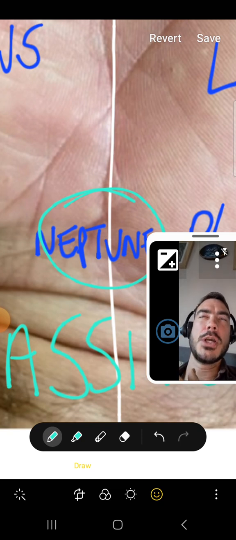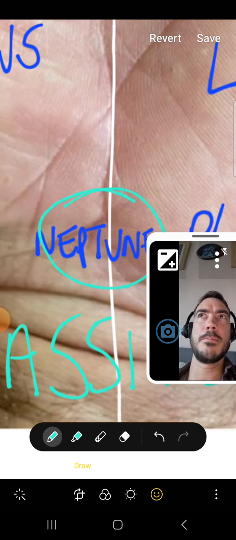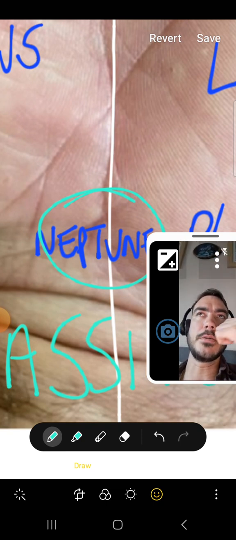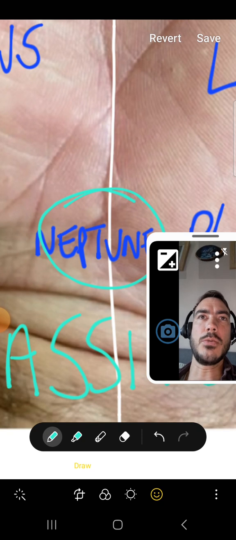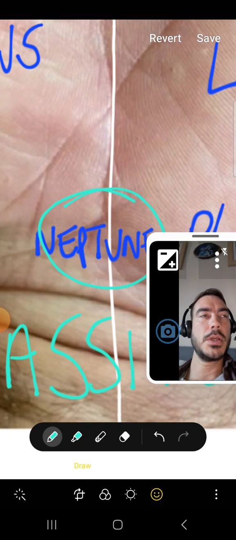So a person who has a well-developed amount of Neptune has an inherent or consciously developed ability to hypnotize others, and you often see it with musicians, sociopaths, and psychologists. We'll be looking at all of those in later videos.